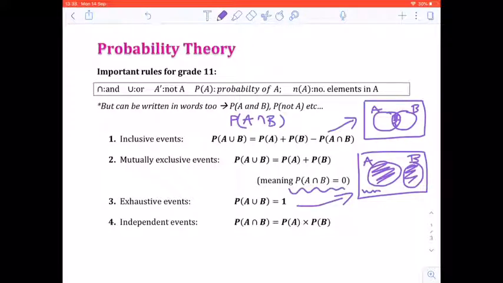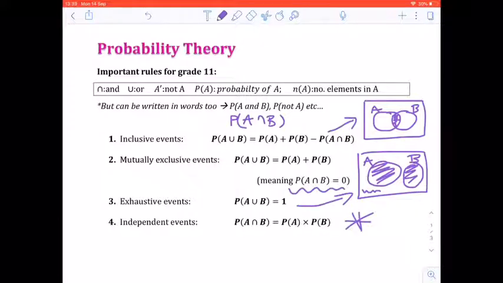Lastly is independent events. This is given by the formula, the probability of A and B is equal to the probability of A times the probability of B. This is a formula that you probably haven't seen before. The others you probably came across last year, in grade 10. But for independent events, this is a grade 11 level formula that you need to use.